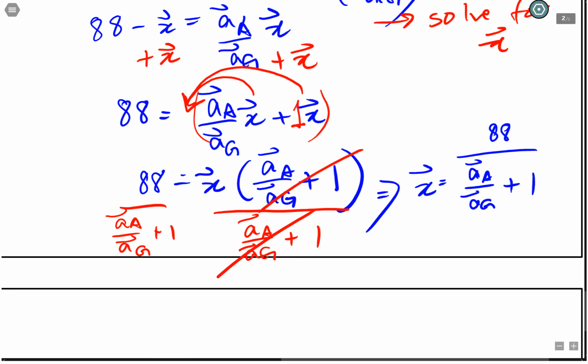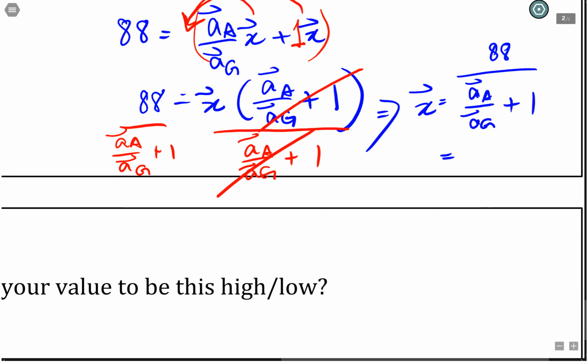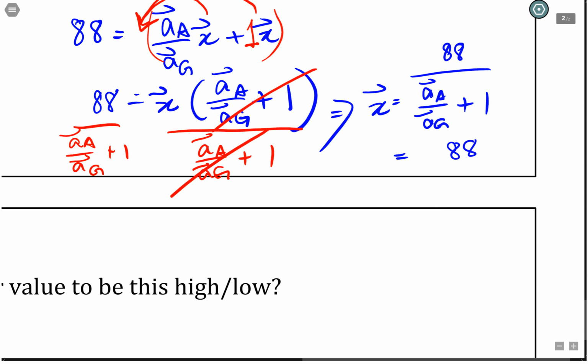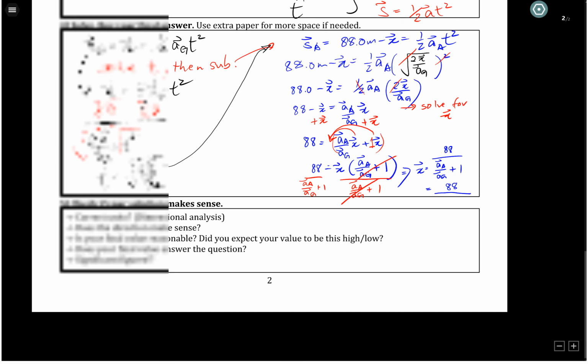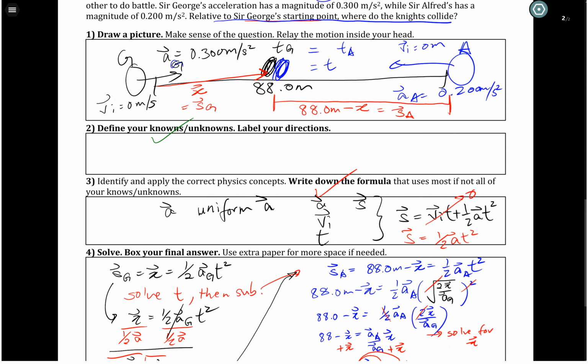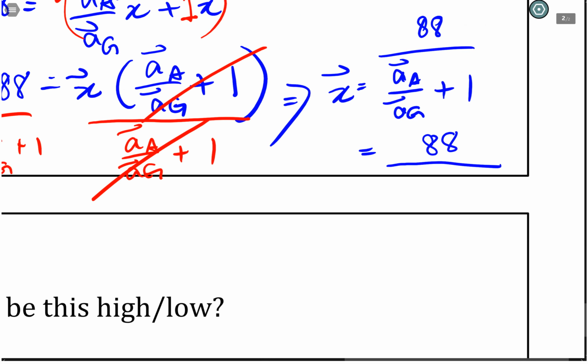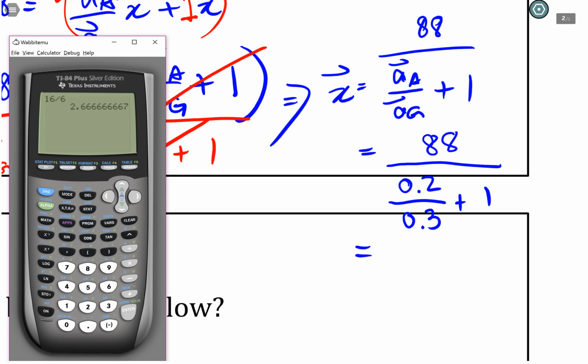Substituting our values, finally, we have 88 divided by, if we go back, Alfred has an acceleration of 0.2, George has 0.3. Alfred was 0.2, George was 0.3, plus 1. This one will give us 0.2 divided by 0.3, plus 1.